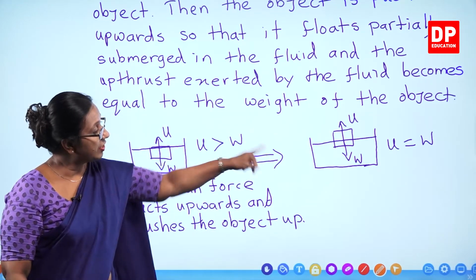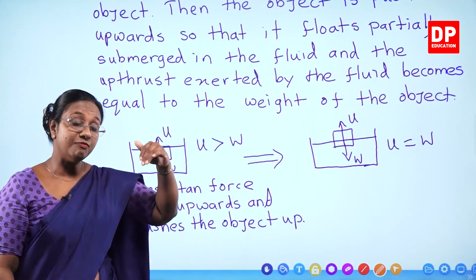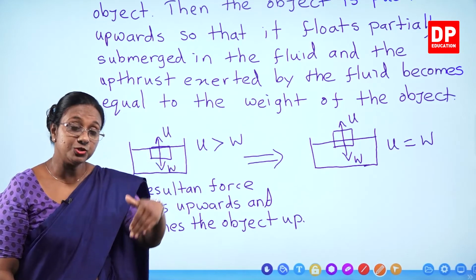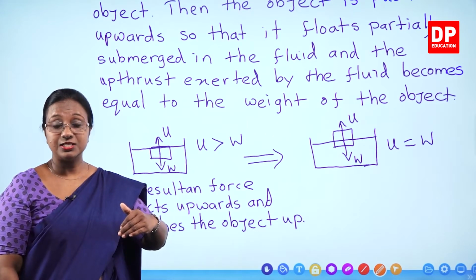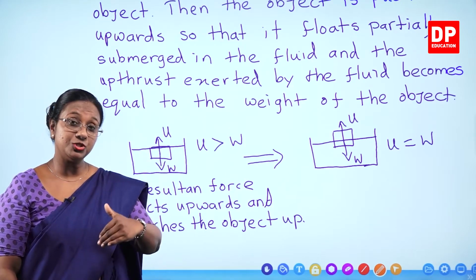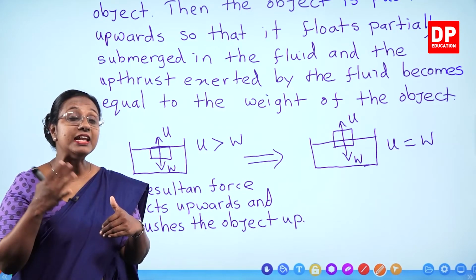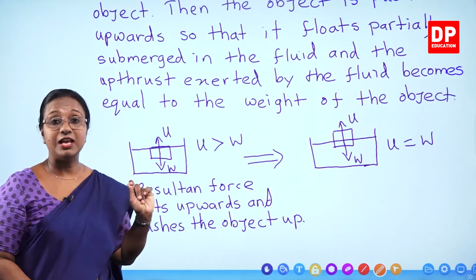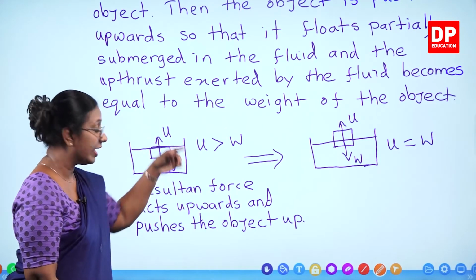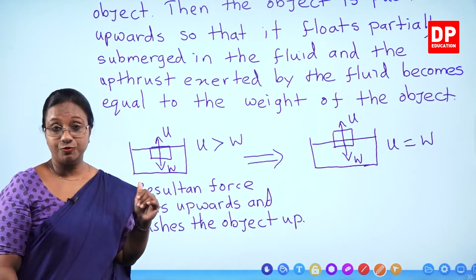Even when you have an object like that, what did we discuss? We push the object down. So when you are pushing it down, that means there is an additional force acting downwards, the push, that is equal to the additional upthrust. So there, the upthrust was greater than the weight. Why? Upthrust was equal to weight plus the pushing force.